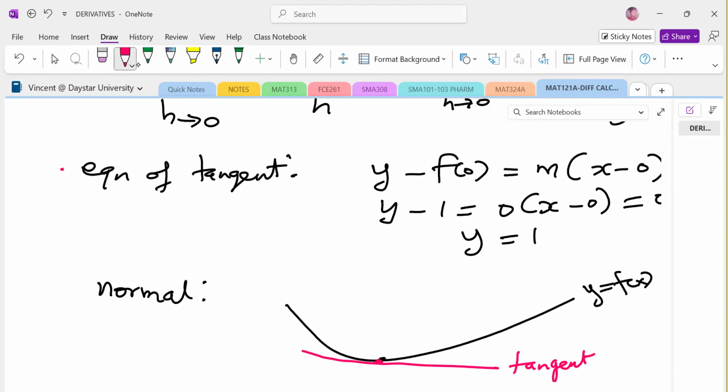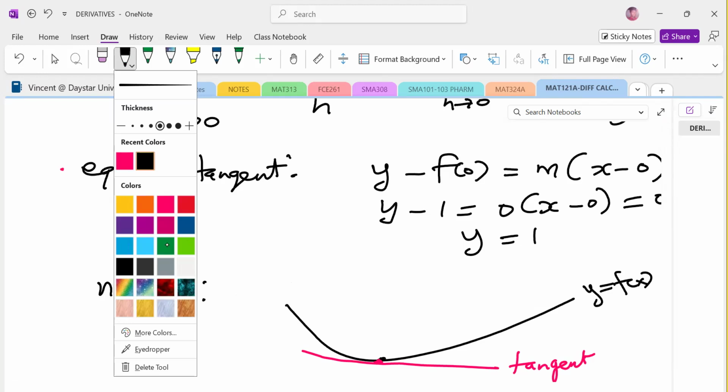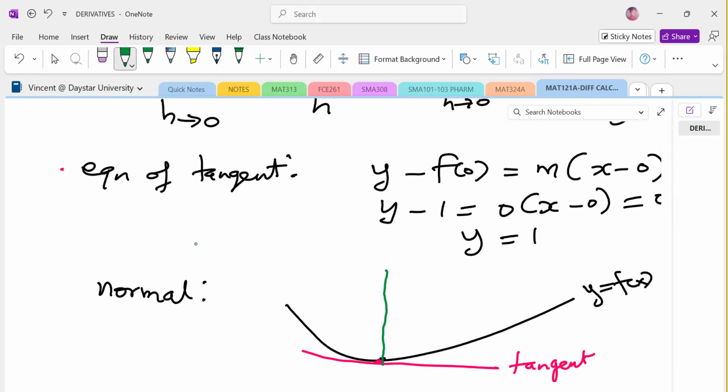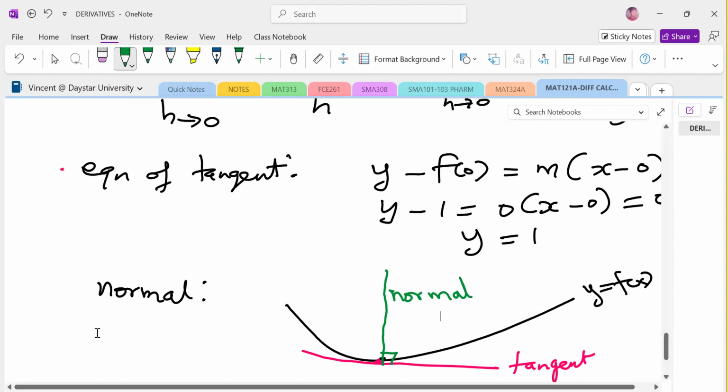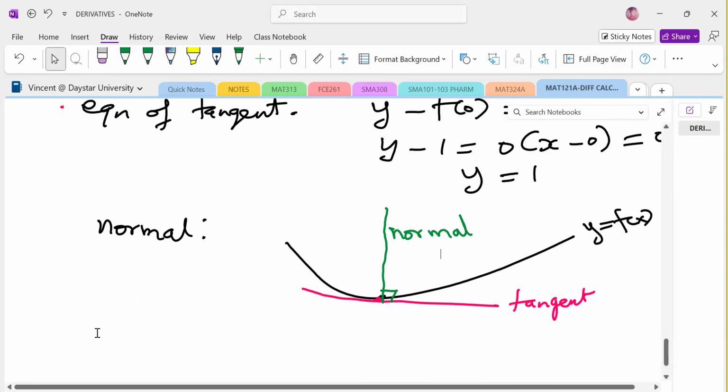Then a line which meets this tangent at 90 degrees is what we call the normal. So the slope of the normal times the slope of the tangent at any given point should give you -1.